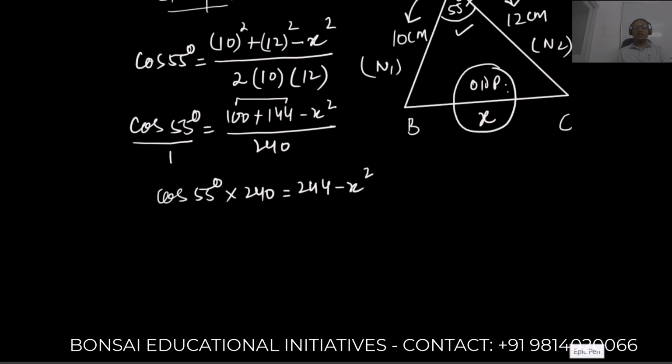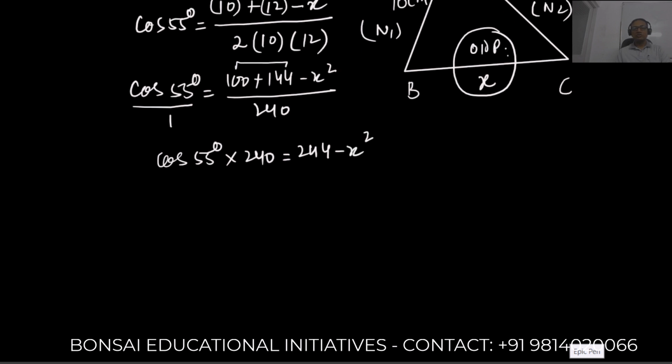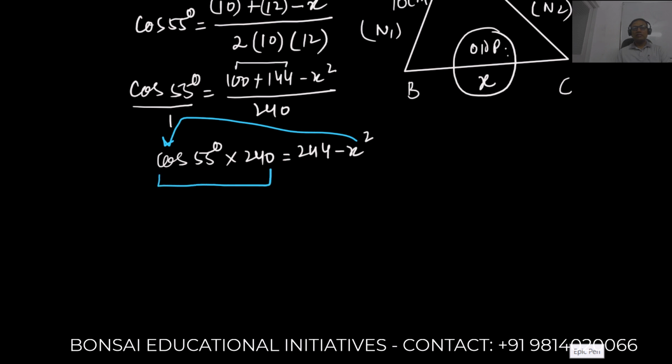So we need to find x square. If you notice, x square has a negative sign. So to maintain the sign positive, we need to find the positive value of x. We will move this term to the left hand side, and we will move this term to the right hand side to change the signs. Let us see how this happens.